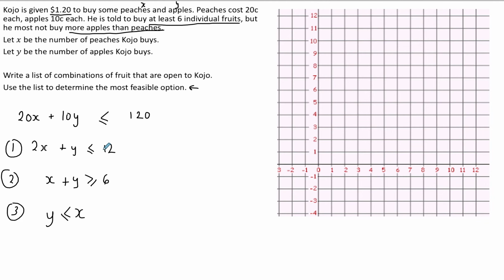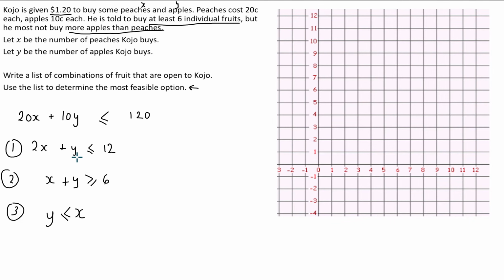So graphing it, I'm not going to go through the graphing and shading. Please make sure you watch the videos regarding those. They're all "equal to", so I won't have any dotted lines.